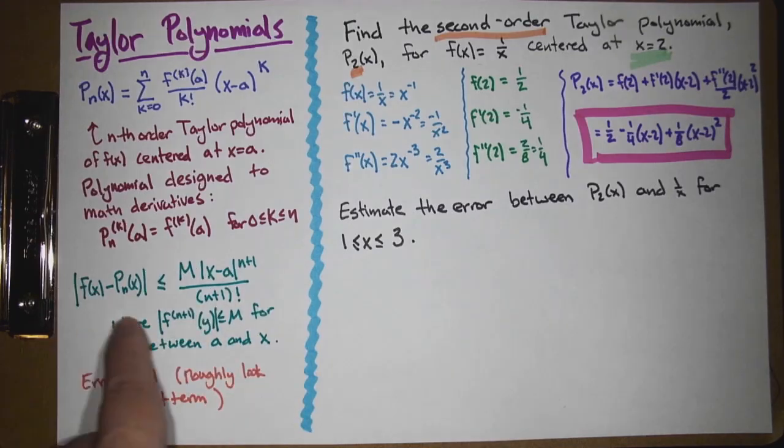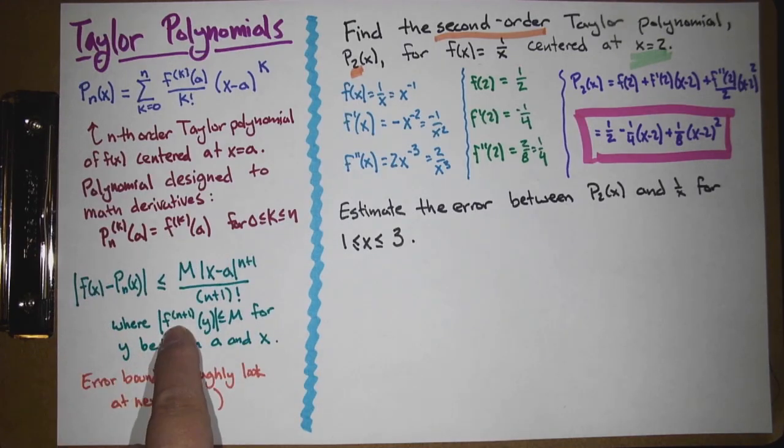What would be useful information for us? The next derivative! Yes! We want that next derivative, right? Because that's going to help us understand the error.